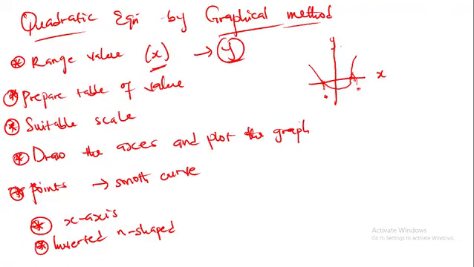The maximum value of y occurs at the peak or highest point of the N-shaped parabola, while the minimum value occurs at the lowest point of the V-shaped parabola.